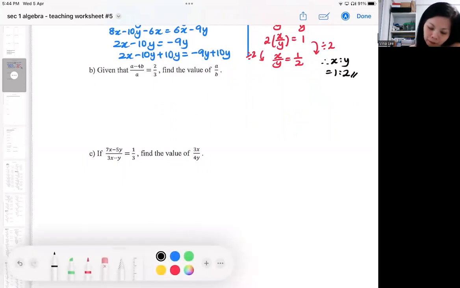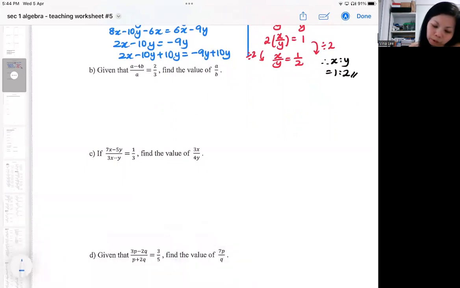For part B, I'm going to do the same thing. I'm going to cross multiply first. Presumably you don't have any issue. I presume that you are okay to cross multiply, okay to expand, okay to minus 3a on both sides.